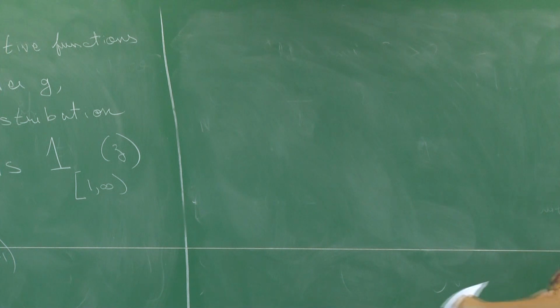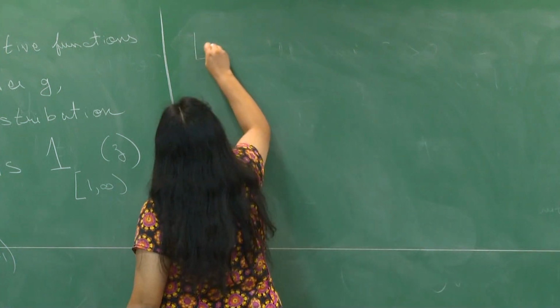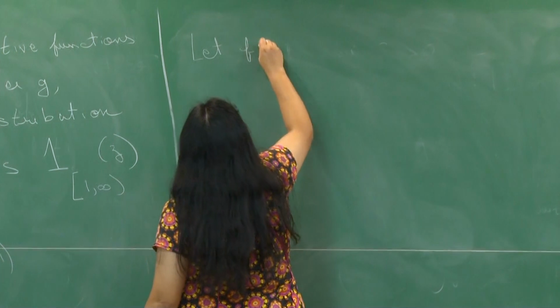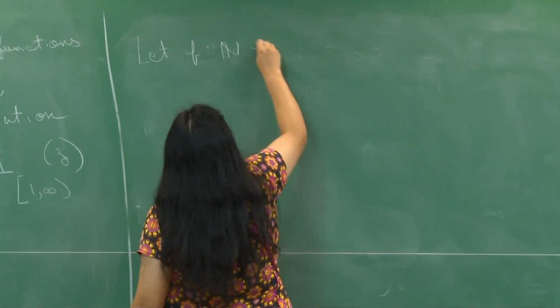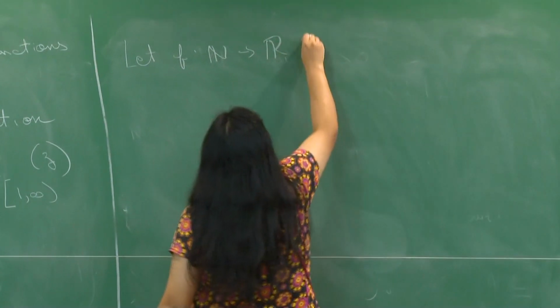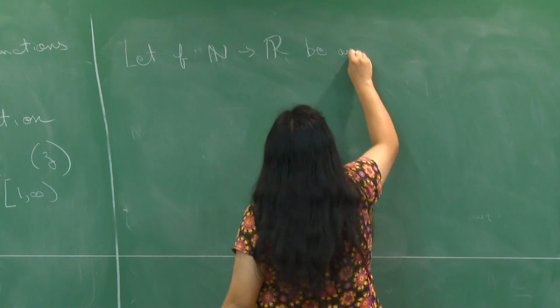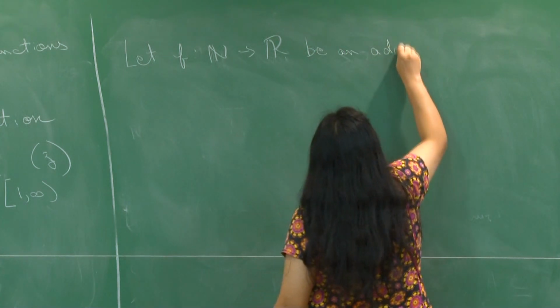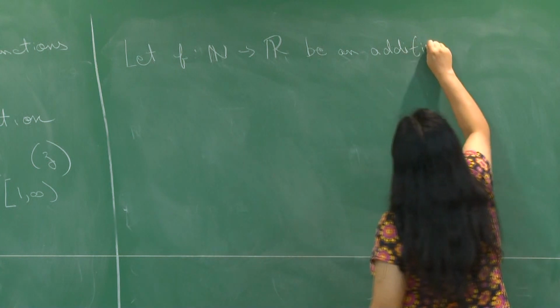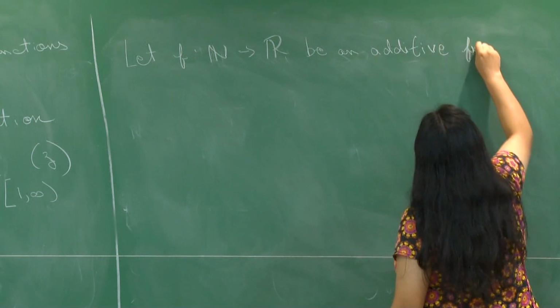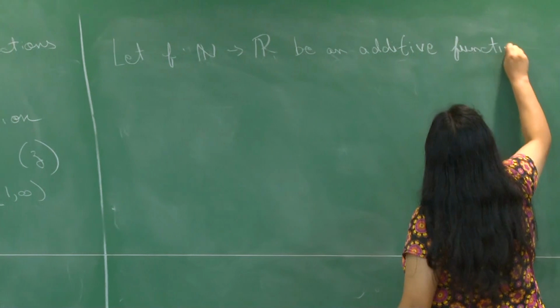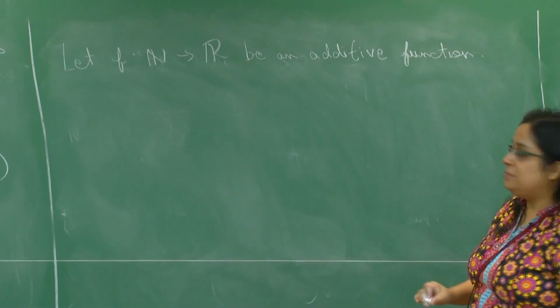I am not sure if I defined it formally, but let us take f from the natural numbers to the reals. Let this be an additive function. What do we mean by additive?